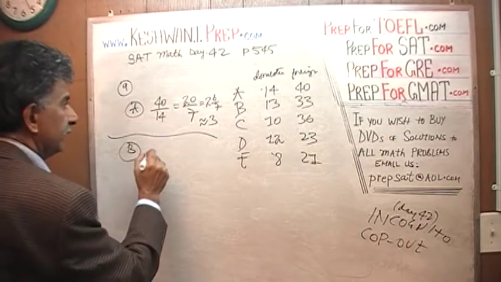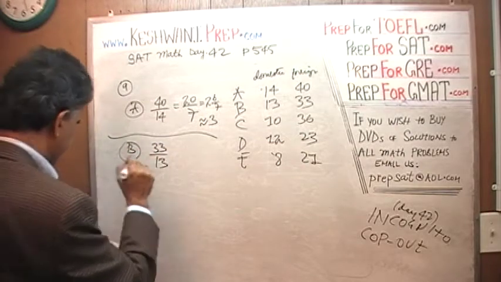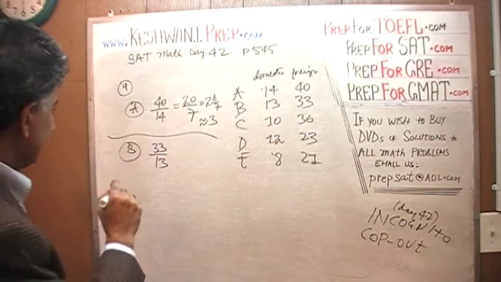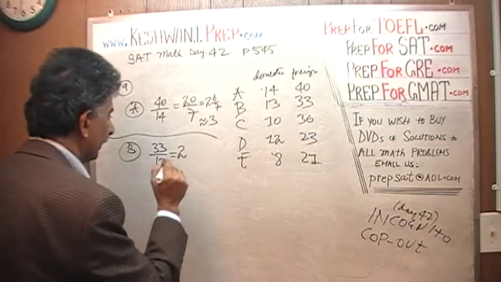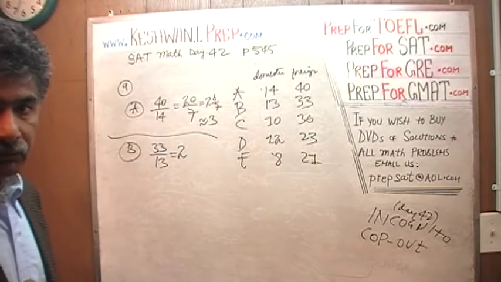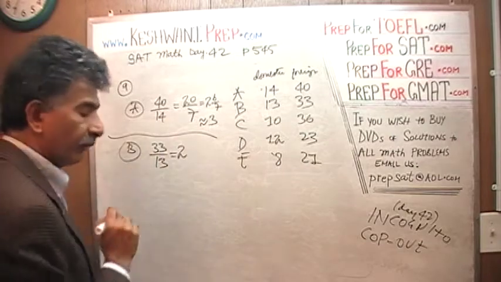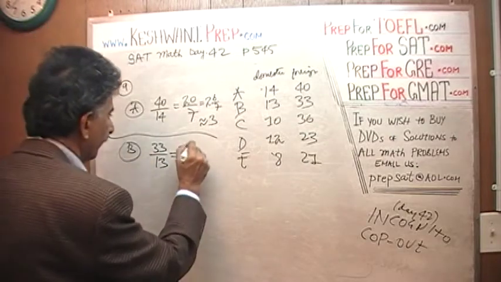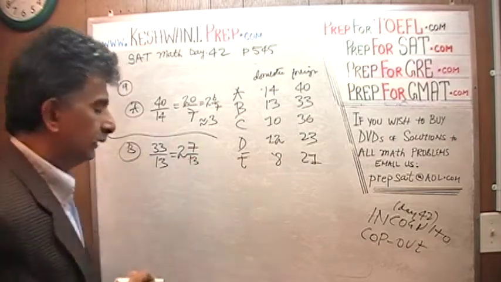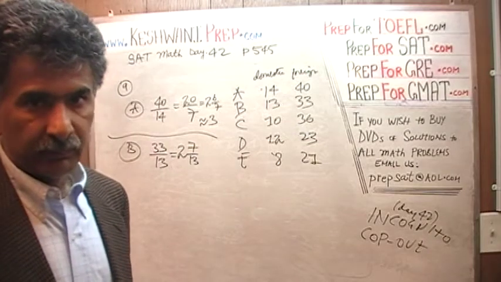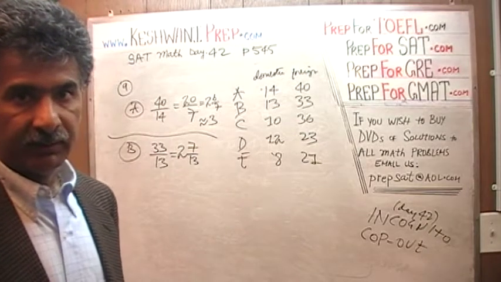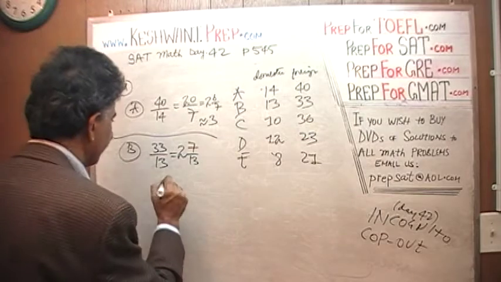In B we have 33 over 13, which is the same as 2, and 2 times 13 is 26. If you subtract 26 from 33, you get 7. 7 over 13. 6.5 over 13 is half. So it's approximately 2.5.